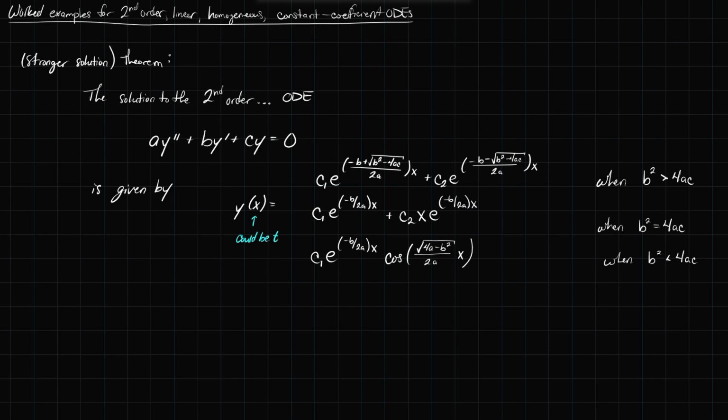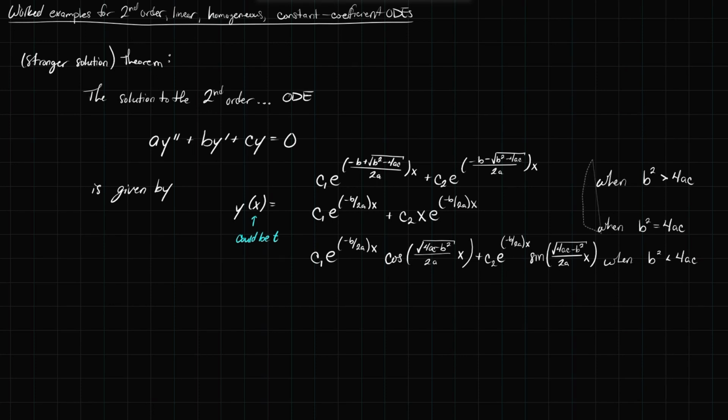That's multiplying x in the cosine, and similarly for sine. So we'll get a c2 e to the negative b over 2a x, and then we'll get sine of root 4ac minus b squared all over 2a x. There's a c here as well.